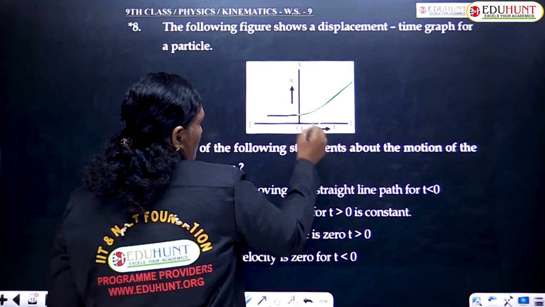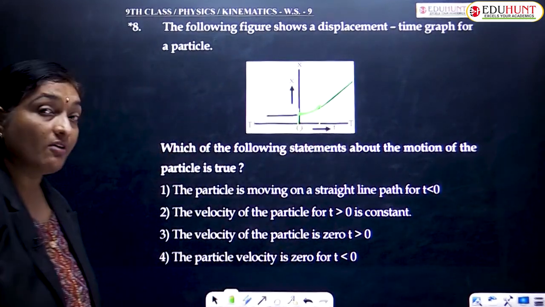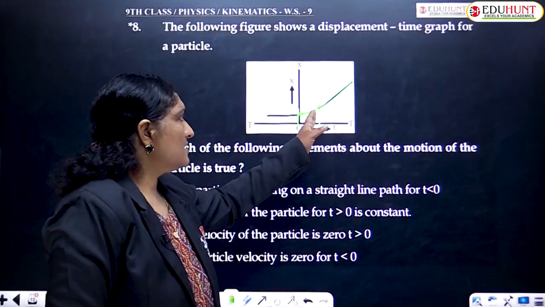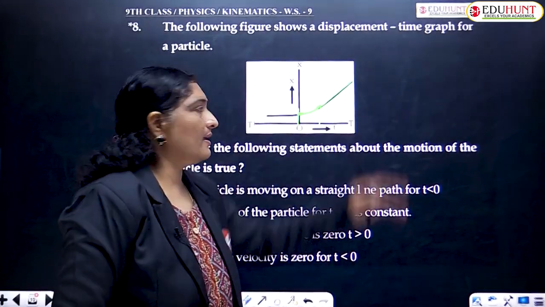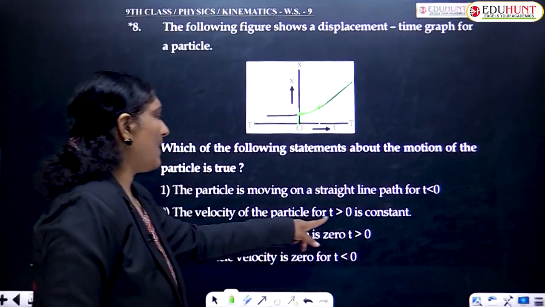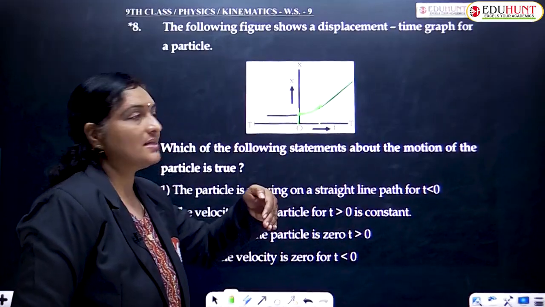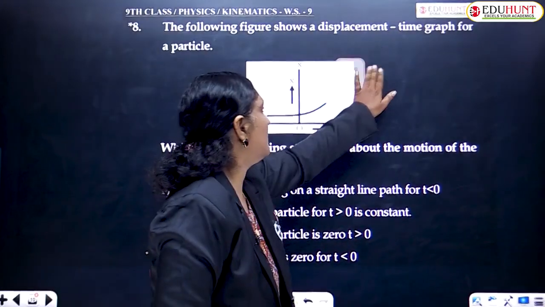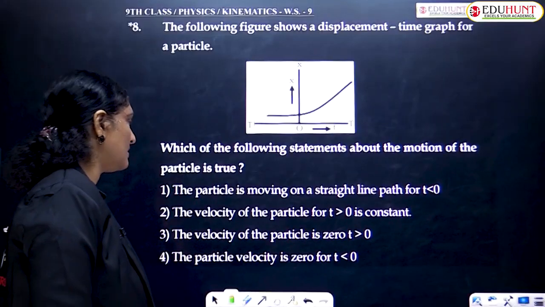Curved shape means for t greater than 0, some part it is moving with acceleration and later again moving with constant velocity. So, the velocity of the particle for t greater than 0 is completely not constant. To some extent it is accelerated and later on it is moving with uniform velocity. So, second one is also not completely true.